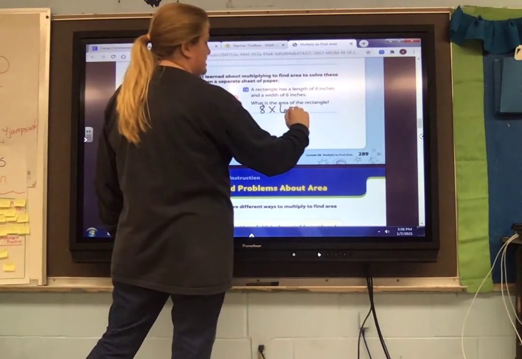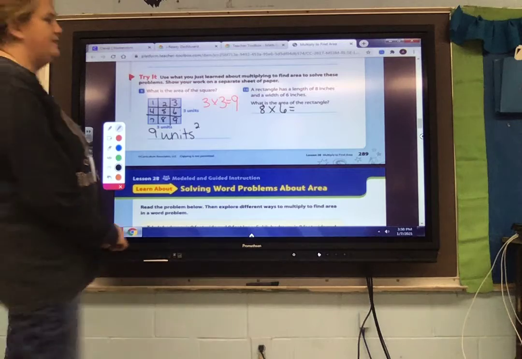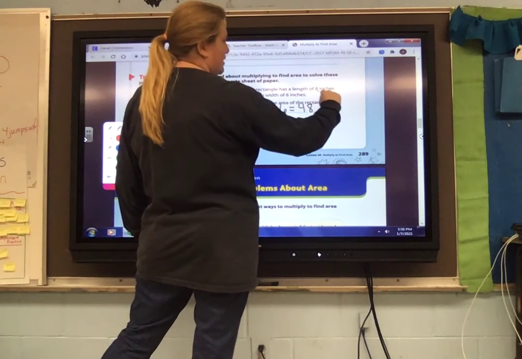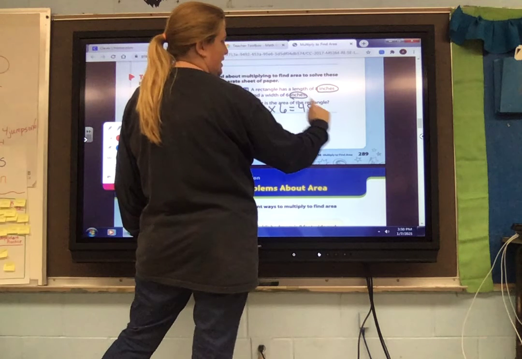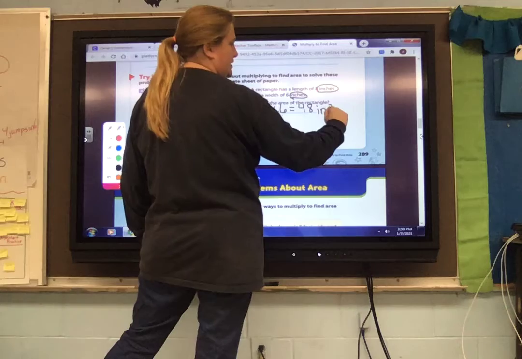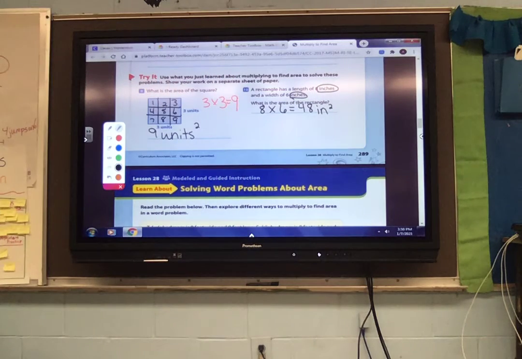And what is 8 times 6? Remember that one? That's the snowman and the chef. The cake is 48. So 48, our label is inches. So I'm going to put IN for inches and then the little floating 2. And that's going to represent square inches, or inches square.